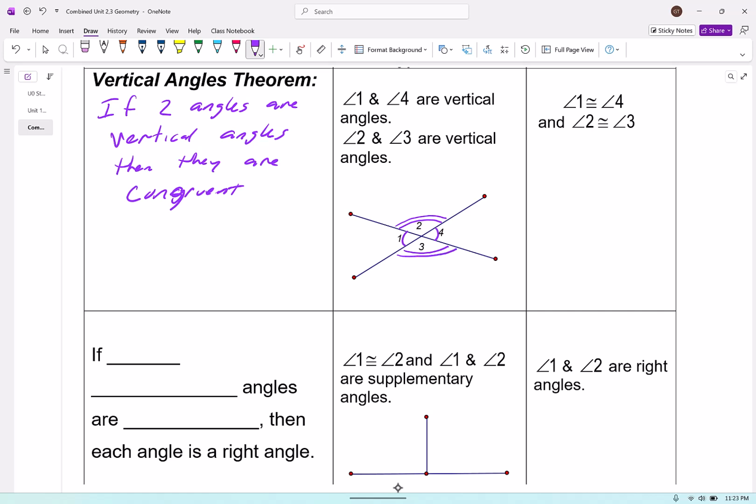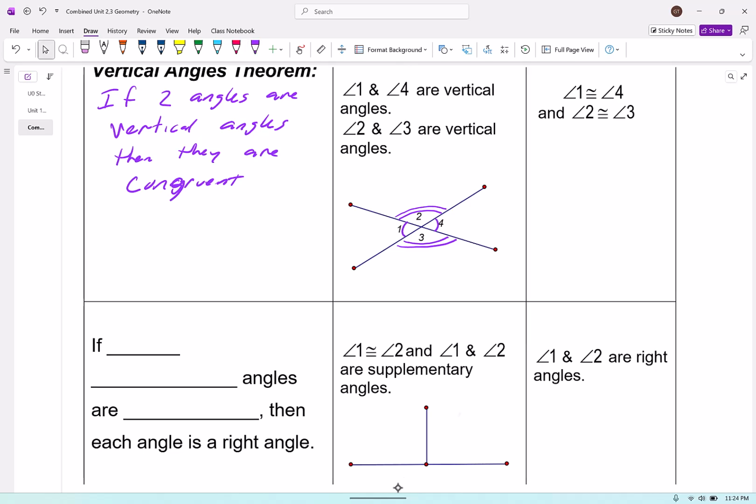Again, these arc marks just show a relationship; a 2 versus a 1 has no bearing on the actual angle. But once I mark one arc mark, if I want to mark a different angle, I use 2 if it's not the exact same value. So we know if they are vertical angles, then they're also congruent.